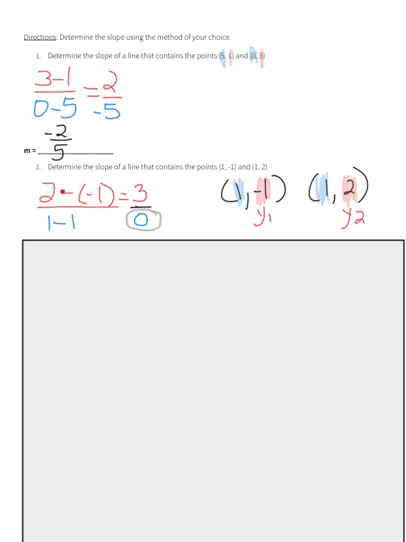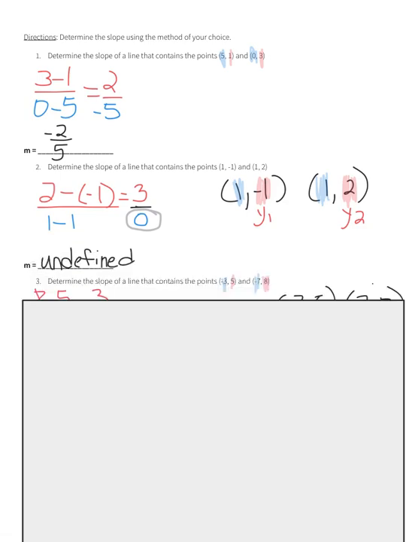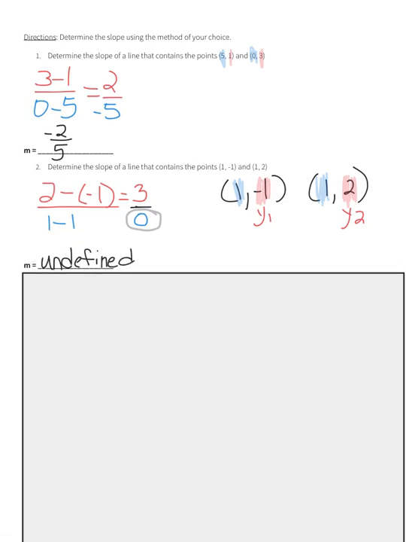If you forget those rules easily, please just put it in your calculator. So 2 minus negative 1 is equal to 3. 1 minus 1 is 0. And remember, when there is a 0 on the bottom for a slope, the slope is undefined. So, because there's this 0 here, the slope is undefined.